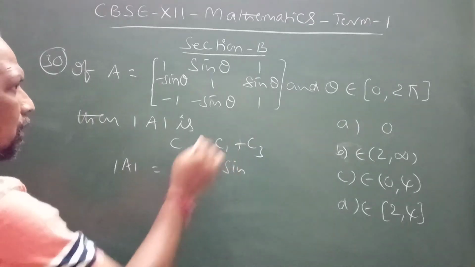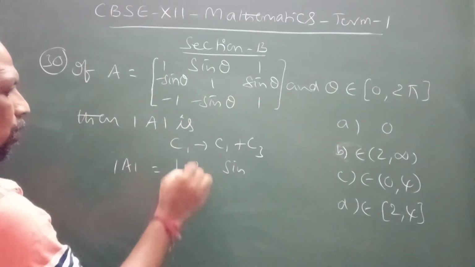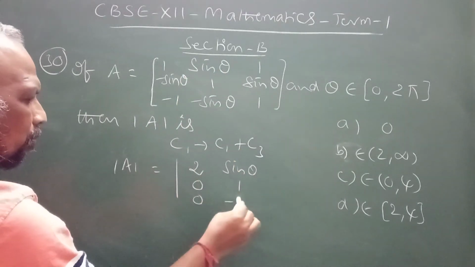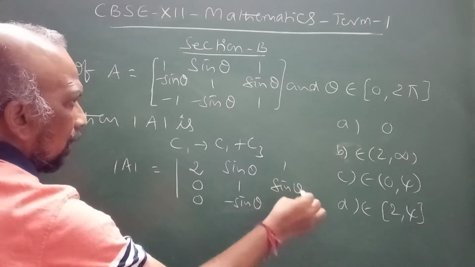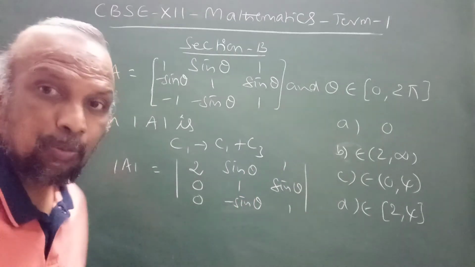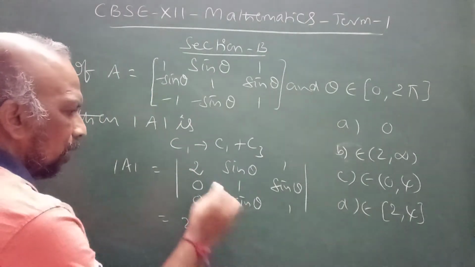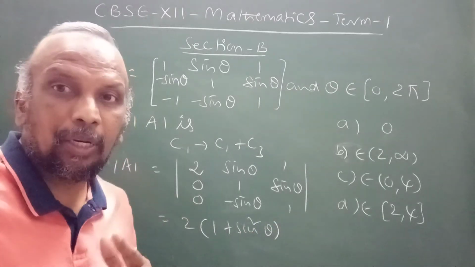Now I am applying C1 plus C3, this will be 0, this will be 0 in the first column. Second one, sin theta, 1 minus sin theta, 1, sin theta, 1. Expand by column 1. This will be 2 into 1 plus sin square theta. So this is the determinant value.